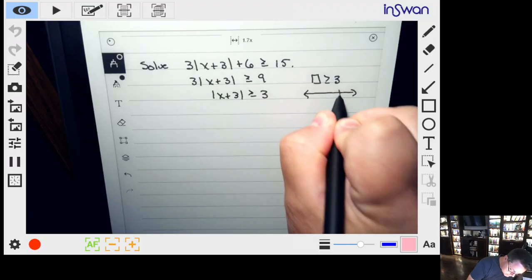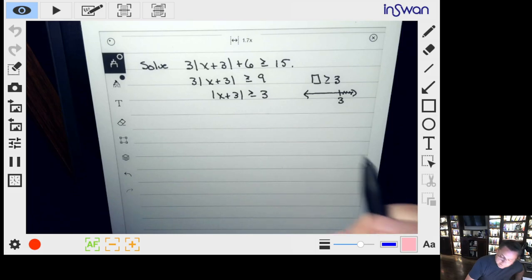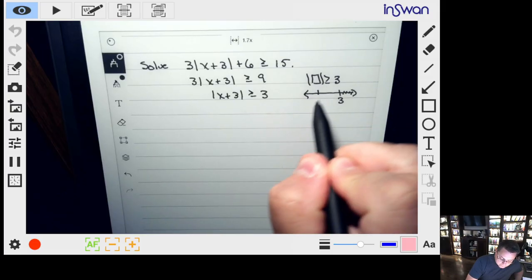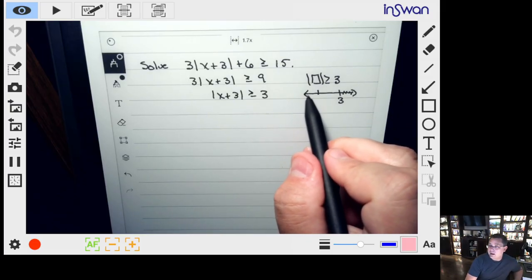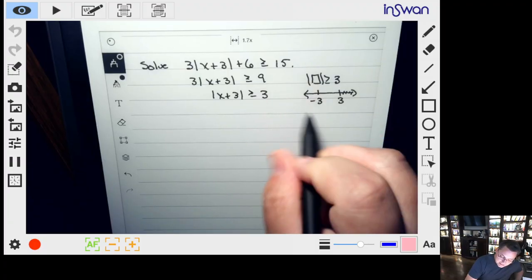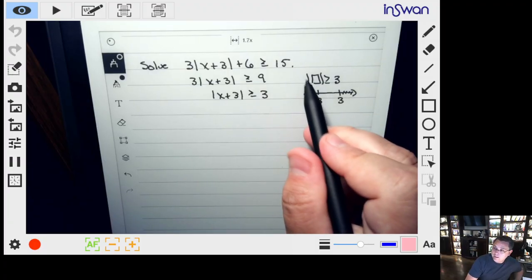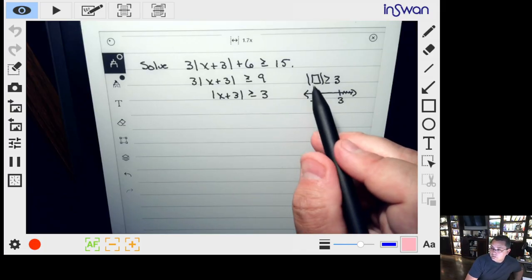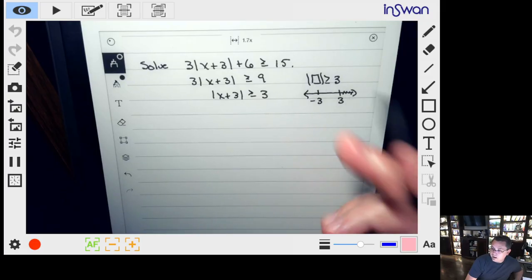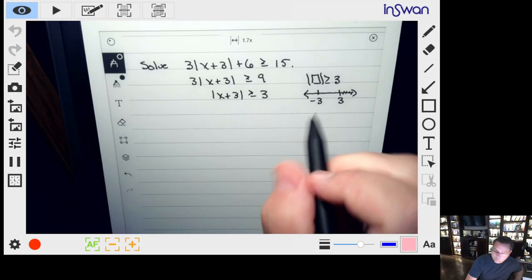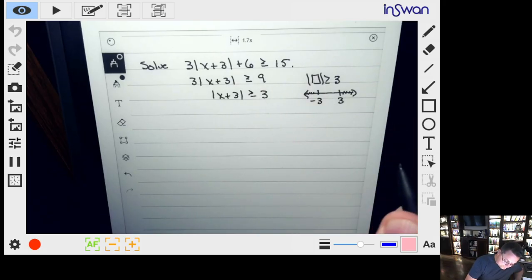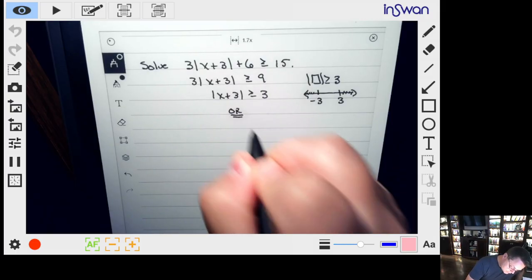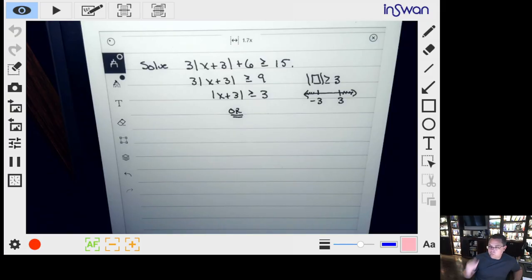But also, because I'm taking the absolute value, numbers that are less than negative 3 would work, like negative 4. The absolute value of negative 4 is indeed larger than or equal to 3, because when we take the absolute value of negative 4, we end up with positive 4. So that's going to give me all the ones over here. So that'll be an or statement. Okay, so we're going to split it up as an or.